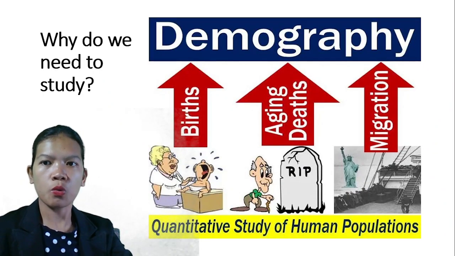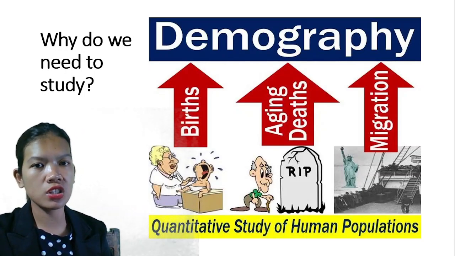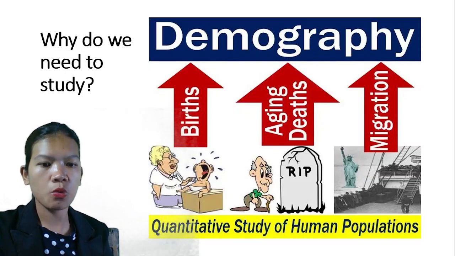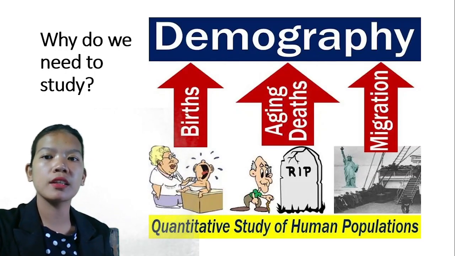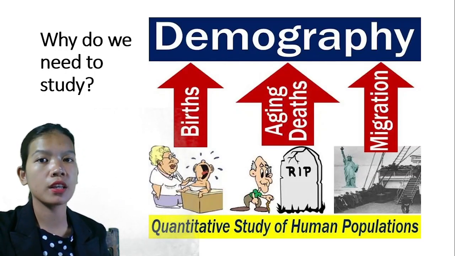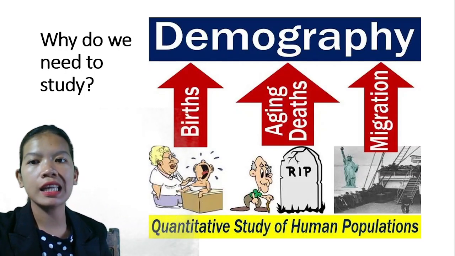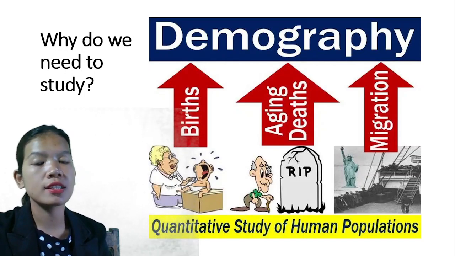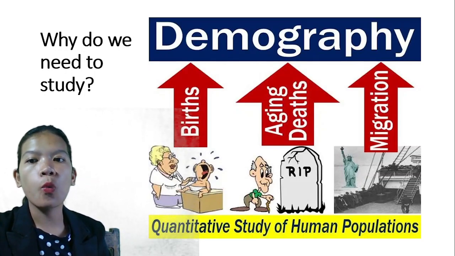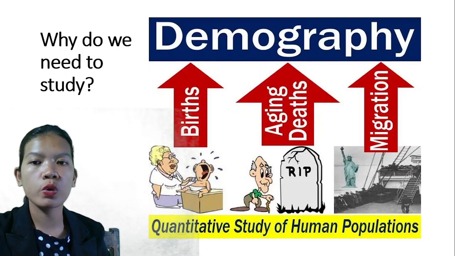So why do we need to study this number of people, births, aging, deaths, migration? Why do we need to study demography? This topic, demography, is a mandated topic from the Commission on Higher Education. Aside from that, at its core, it goes back to one of the basic questions in the social sciences: why or how do people interact with their surroundings?